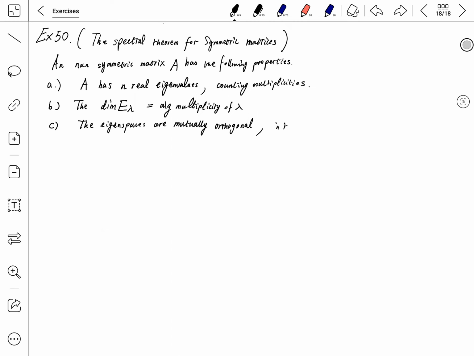In general, recall that for a matrix not necessarily symmetric, different eigenvalues have corresponding eigenvectors that are linearly independent, but here it's stronger. We require them to be orthogonal, or they happen to be orthogonal.